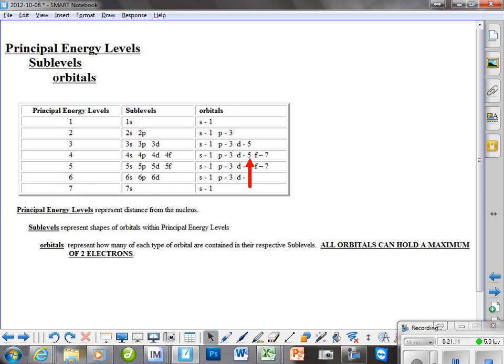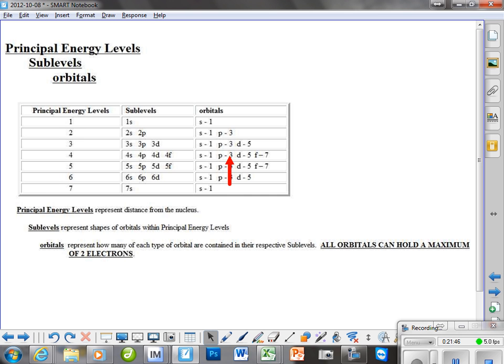We also have here a comparison of orbitals. Orbitals represent how many of each type of orbital are in the respective sublevels. So, how many orbitals do we have in the p sublevels? The p's on level 3, we have 3 orbitals.